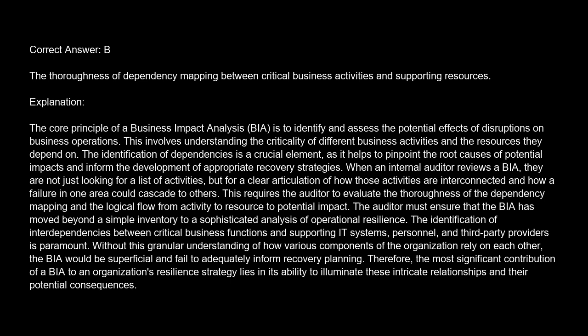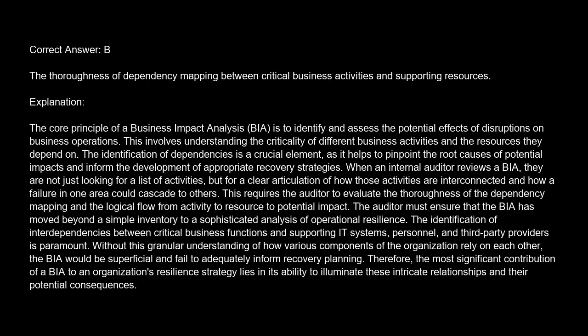When an internal auditor reviews a BIA, they are not just looking for a list of activities, but for a clear articulation of how those activities are interconnected and how a failure in one area could cascade to others. This requires the auditor to evaluate the thoroughness of the dependency mapping and the logical flow from activity to resource to potential impact.